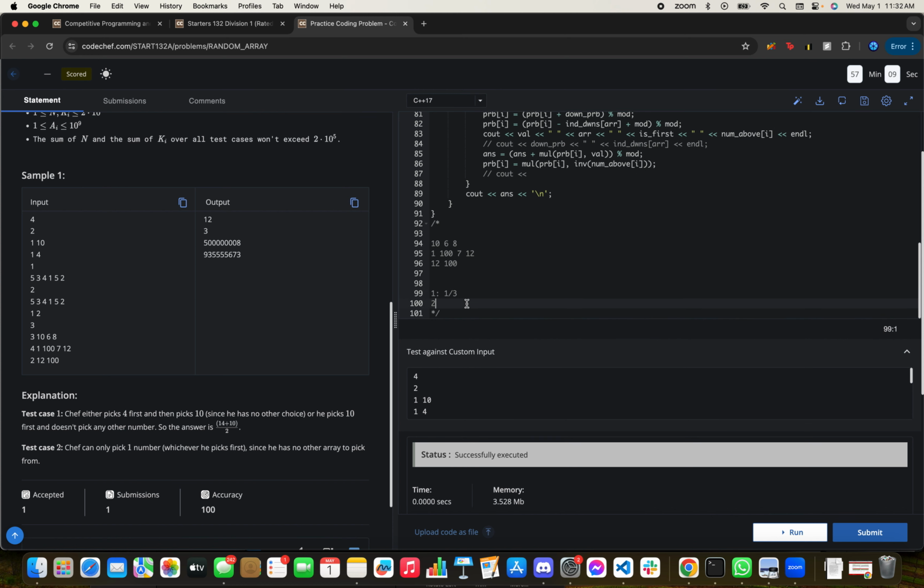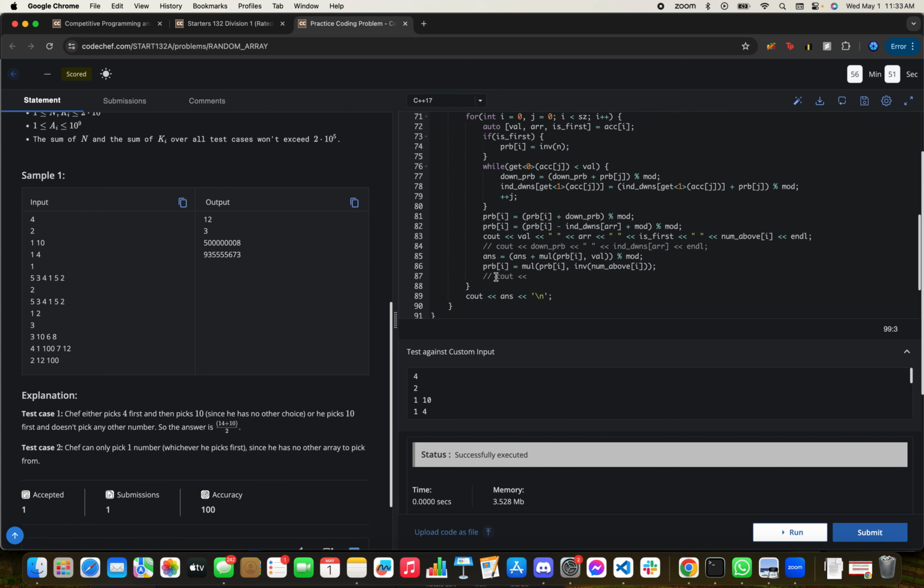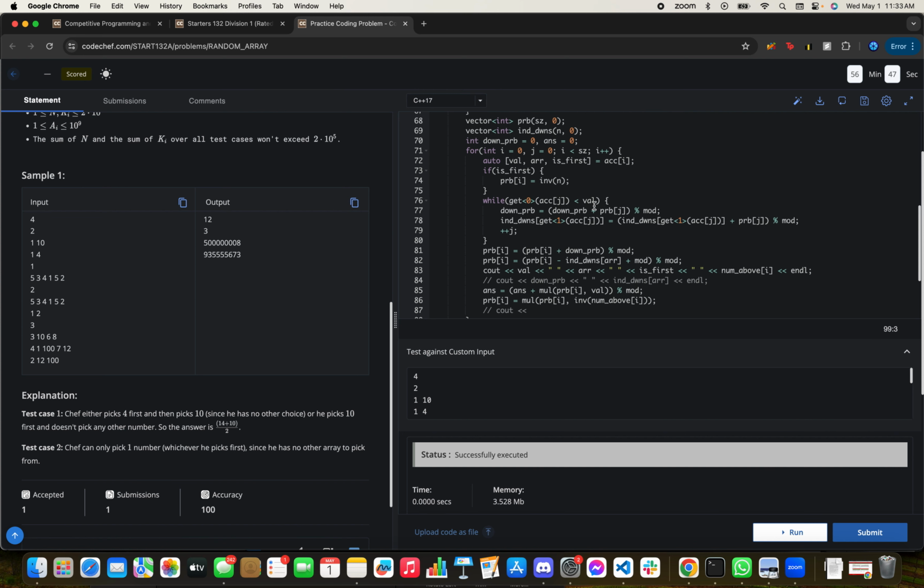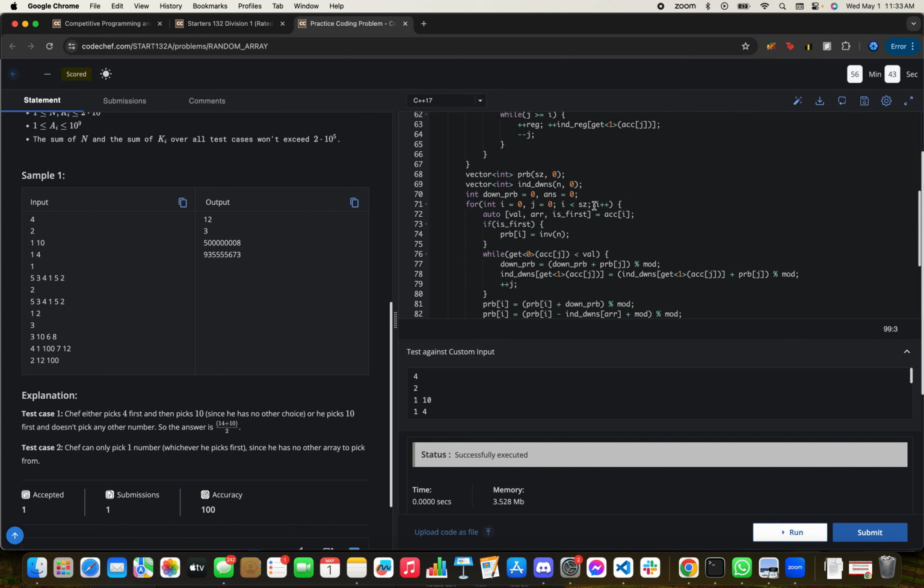Alright, so next thing is 6. 6 just has to be, oh my god, this is so hellish to debug. This is so bad. Surely I'm just missing a mod somewhere or something. It has to be something simple like that.